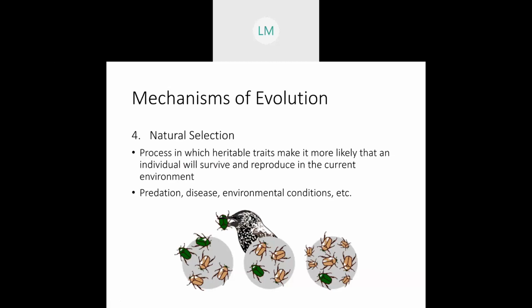So if you are living somewhere that's really, really cold and you have thicker fur and that is heritable, you can pass that on to the next generation. That trait is likely to increase, right? If staying warm allows you to survive and reproduce in a current cold environment, that's going to be a way that natural selection can work. So it's not just predation. There's lots of ways that natural selection can happen.